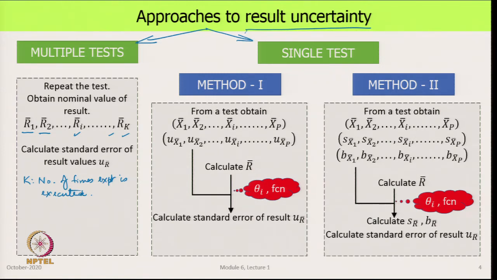So, now what we have is a bunch of numbers here which themselves form a sample, and using that data as a sample we can then calculate the standard uncertainty of the result u r bar.